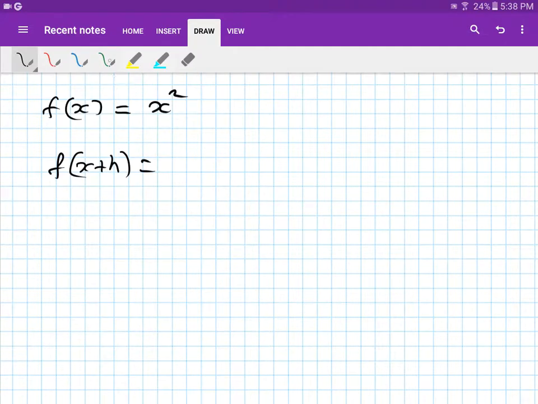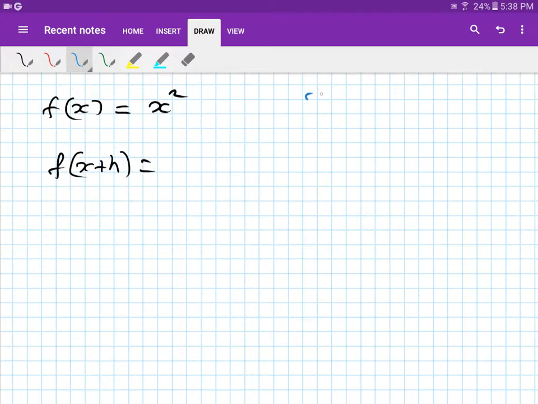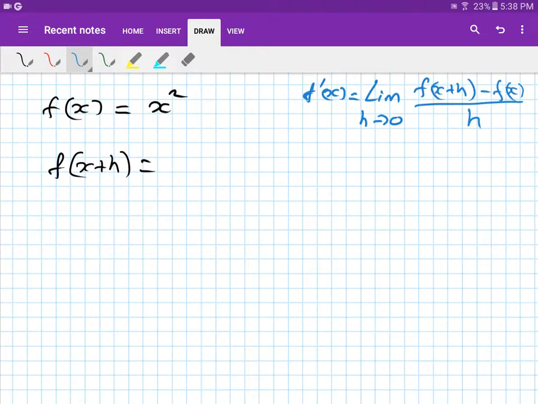Now I'm going to write the rule here so you can see how I do it. Let me make it a bit smaller so I can fit this here. So f'(x) equals the limit as h approaches 0 of f(x+h) minus f(x) all over h. That's the rule.